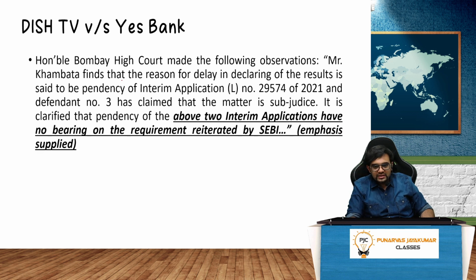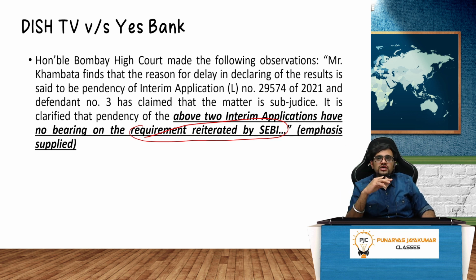Now, when you read the High Court decision, it has clearly said that the pendency of the above interim applications has no bearing on the requirement by SEBI. Clearly they have given that there. SEBI is always in addition to the Companies Act and other laws, but not in derogation of them. So nowhere does it say that you can't do it. Why aren't you doing it? Boss, SEBI says declare the results, no?